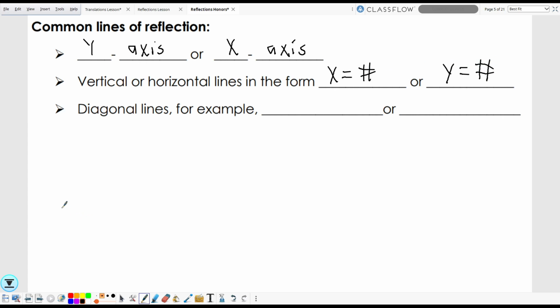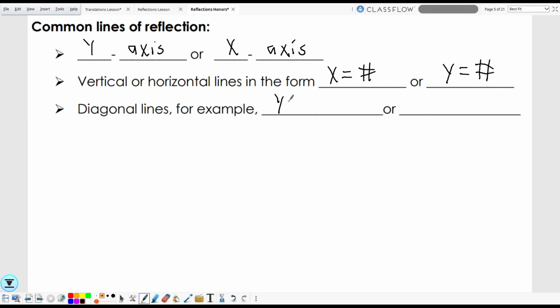If you can recall from Algebra 1, when you have x equals something, like x equals 5, that means your graph is a vertical line at 5 on the x-axis. And an equation of y equals some number, like y equals 2, is a horizontal line at 2 on the y-axis.